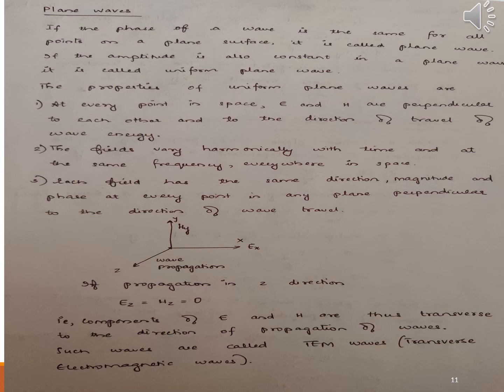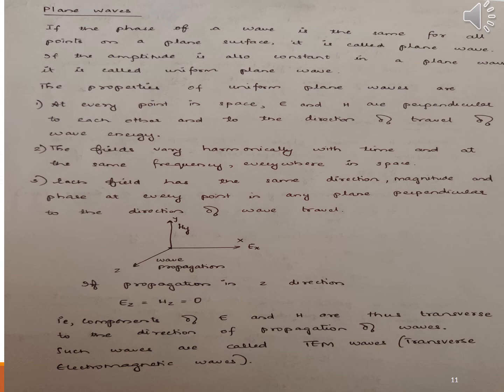We'll derive the basic expression for a plane wave, and we are going to see that a plane wave propagates with the speed of light. Then we'll move on to the uniform plane wave equation.